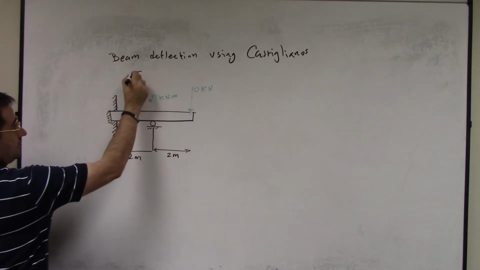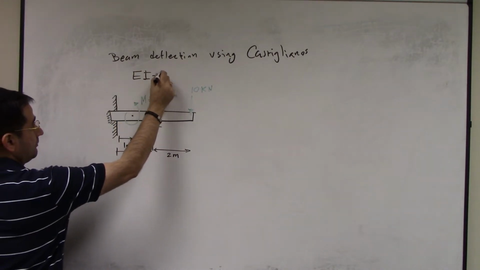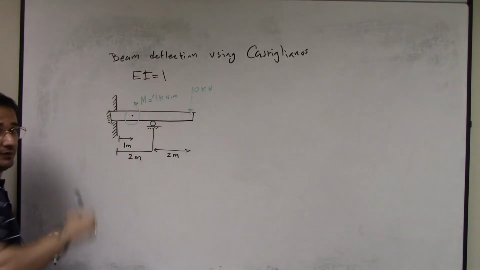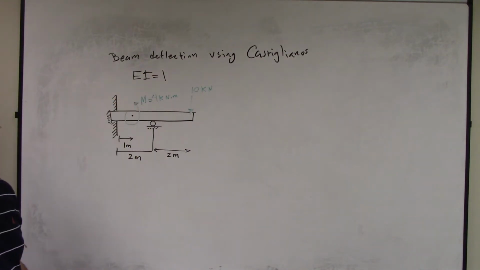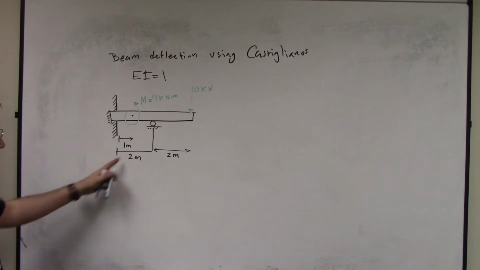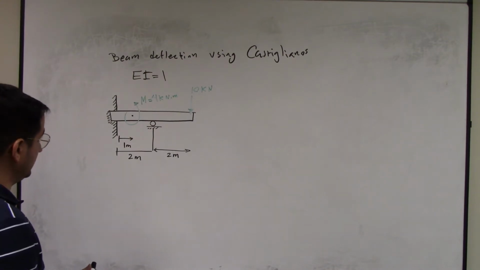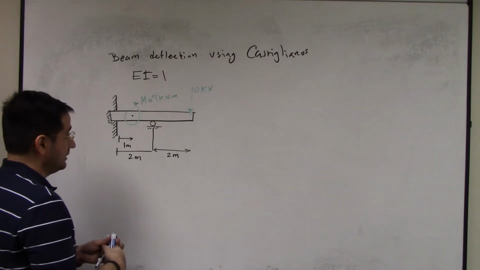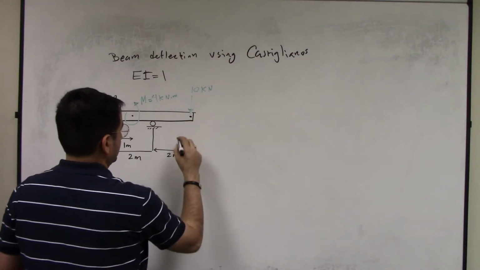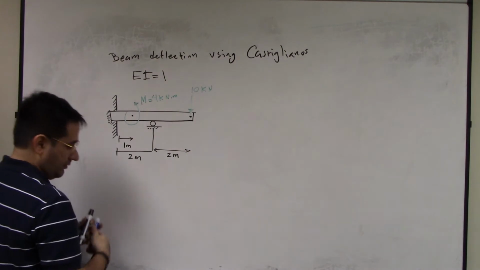And take EI, the modulus of elasticity times the moment of inertia, to be 1 unit, just to make the calculation simple. So now the question is, find the deflection at a point. Let's use another color.